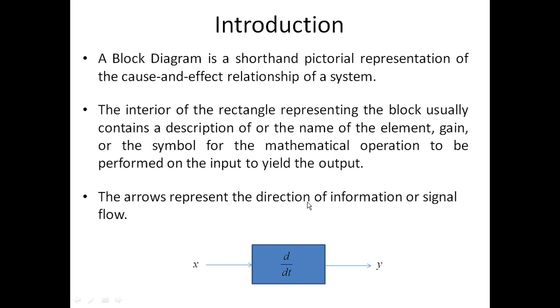The arrow represents the direction of information or signal flow. So here x comes to the block and y is the outgoing from the block. So x is the input for this block and y is the output. So here we can easily say that y is nothing but the derivative of x with respect to time t.